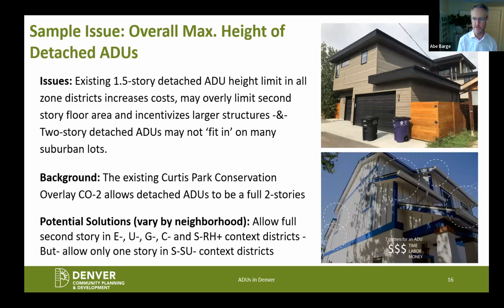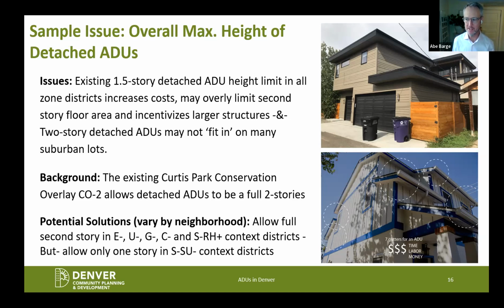And getting close to the end here, here's one where we definitely need more conversation. So the overall maximum height of a detached accessory dwelling unit. One of the things we've talked about a lot is that everywhere where you can build an ADU now, for a detached ADU, the limit in height in stories is 1.5 stories, which is confusing to everyone, including planners.